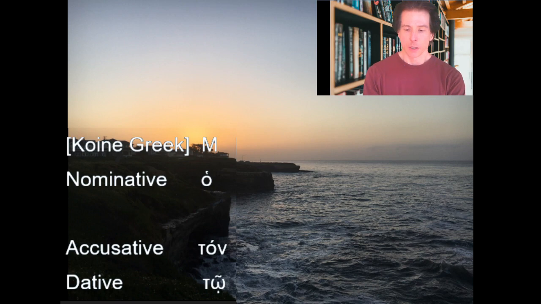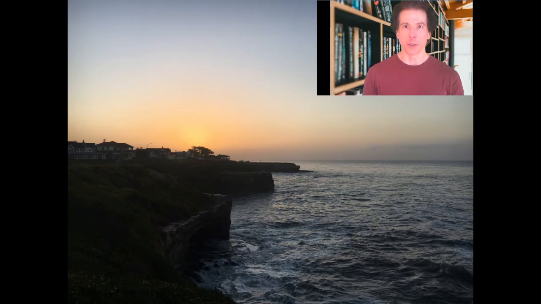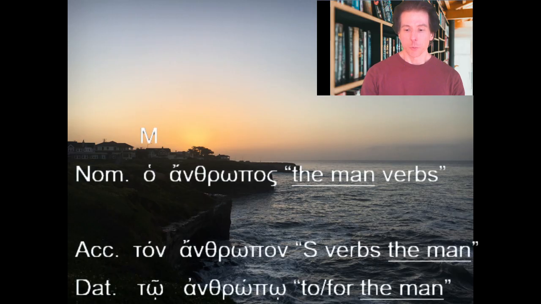Okay, so let's talk about then how would you translate each of these? Because we're doing this for reading, right? This isn't a prose composition class where you have to learn how to write a sentence in Greek. This is for recognition and for reading as we're going through this amazing text. So, okay, when you see something in the nominative, remember that means it's the subject.